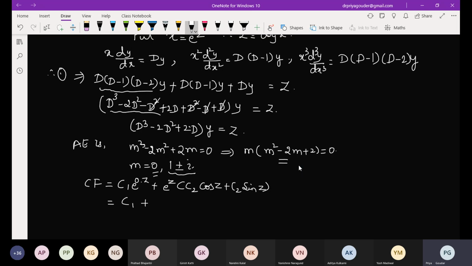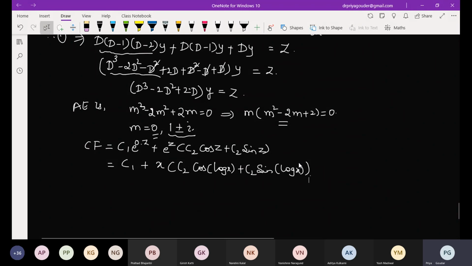E raised to z in terms of x is x. What is z? Log x. Plus C2 sine of log x. This is the CF part.